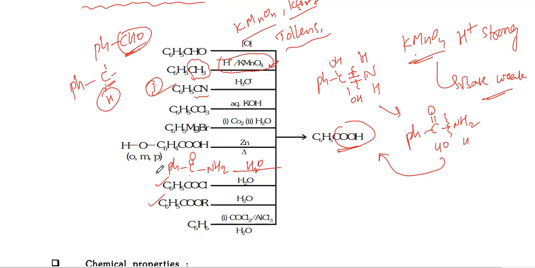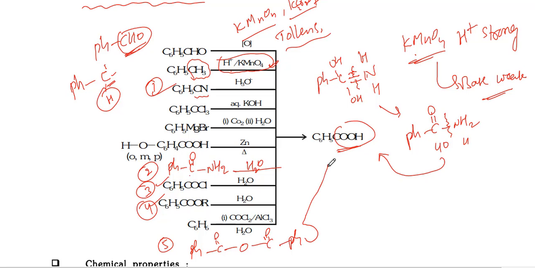Cyanide 1, amide 2, acid chloride 3, ester 4, and anhydride also is there. Anhydride 5, the acid anhydride. This is the acid anhydride formula I am writing here. These all by hydrolysis give benzoic acid. Total 5 reactions.